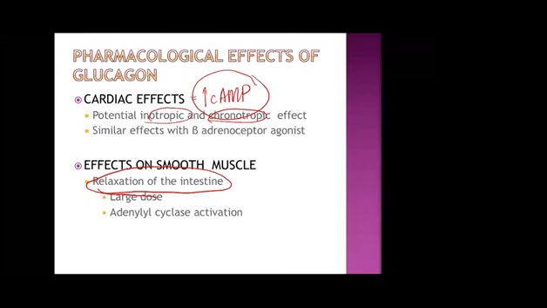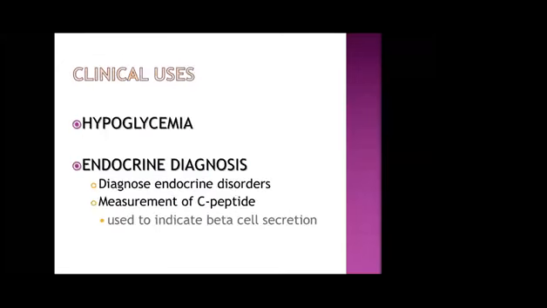Because of these effects brought about by glucagon, it can be used for different purposes. Number one, hypoglycemia, which you know already because of its hyperglycemic effect. Next, endocrine diagnosis, for example, in the diagnosis of certain endocrine disorders and in the measurement of C-peptide indicating beta cell secretion, since it also induces insulin release.